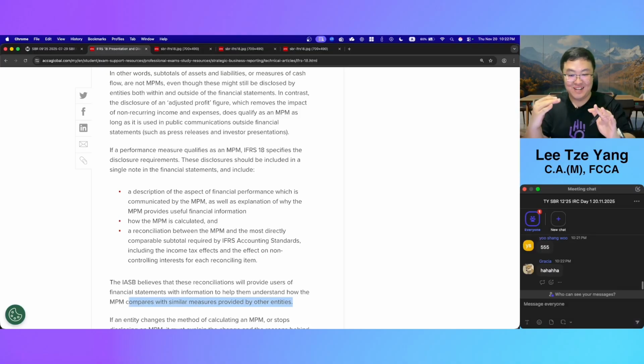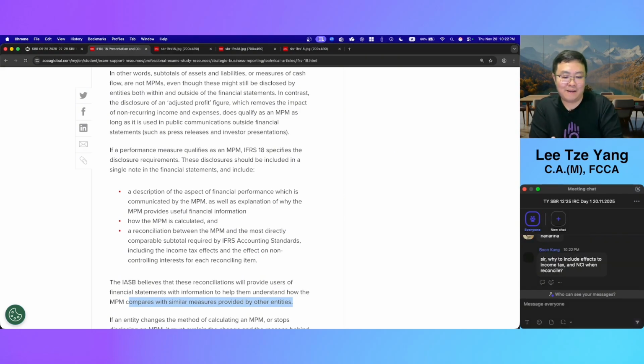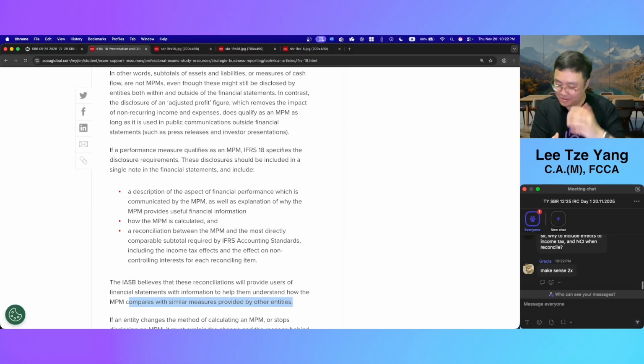Because you need to show from this EBITDA how you match it to another figure. Like you already can match to one, you surely can match to others already. I don't think they want to put many. I think put one is good enough, because we don't want to put too many. Put too many, later the investor also gets confused. Don't know what you are doing.